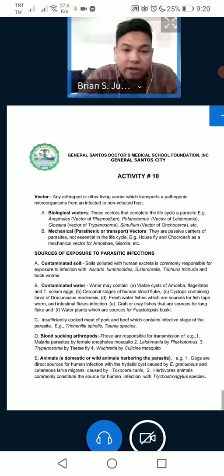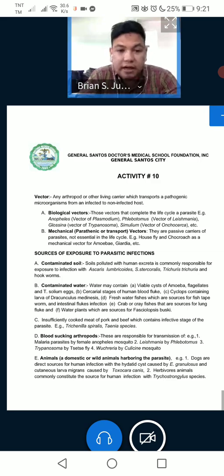Another is crabs or crayfish, which are sources for lung fluke, Paragonimus westermani, and water plants, which are sources for Fasciolopsis buski. I know that you are not familiar with these terms yet. That's okay. These are our next topic, probably for midterm or finals.